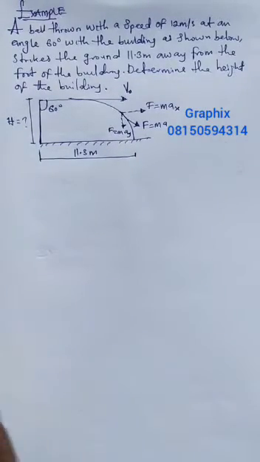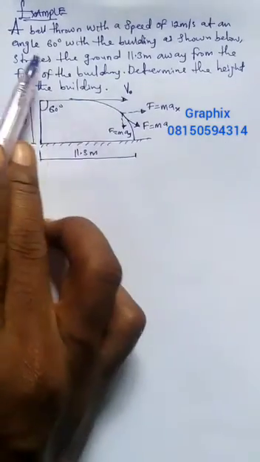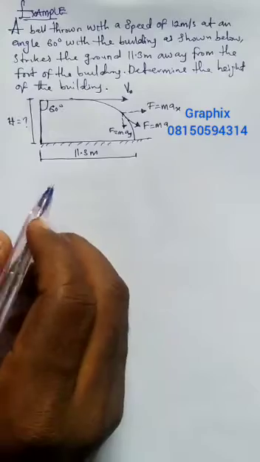We're taking on this example of projectile that says that a ball is thrown with a speed of 12 meters per second.